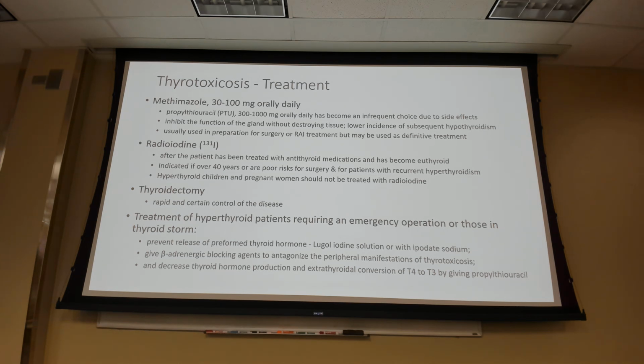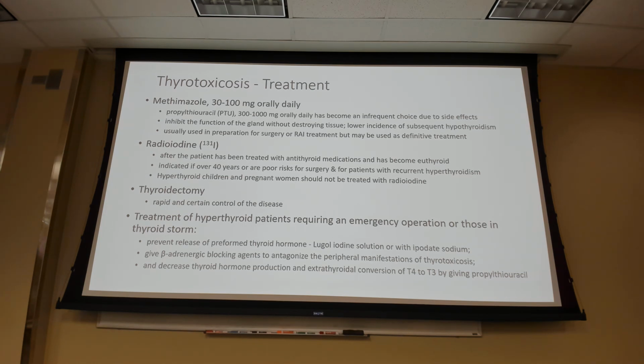So we use methimazole most commonly. PTU is more of an acute medication that we might use, but we tend to use it infrequently just because it has a side effect profile that we don't like. But basically, methimazole and PTU inhibit the function of the gland, but we don't destroy any tissue.